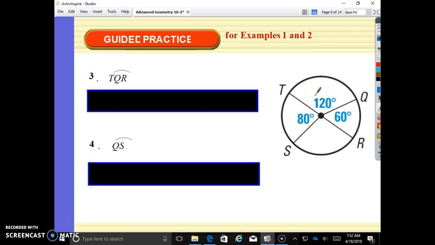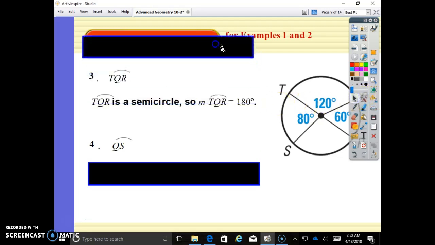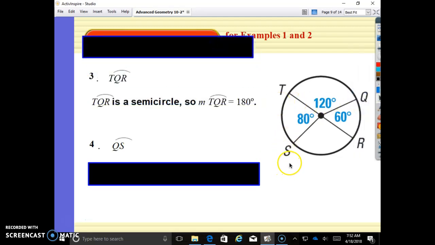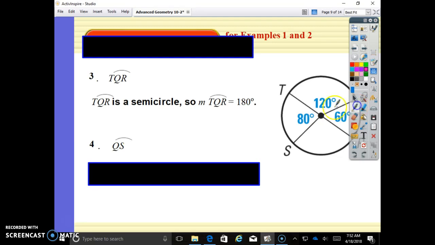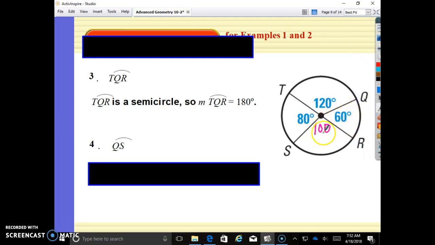Arc TQR. What is arc TQR? It's 180 and it's a semicircle. How about QS? 160. Good. Since this is 180 right here, this right here is 160.